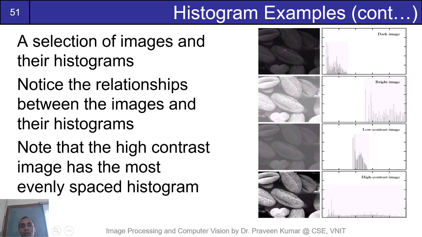So these are the 4 images that we have seen, same image, same content with different contrast. One was a darker image, one was a brighter image, this was a low contrast image, and this was a good high contrast image, which ideally we would like to have. So if you are given any image, what should we do on its histogram so that we can get an enhanced image?